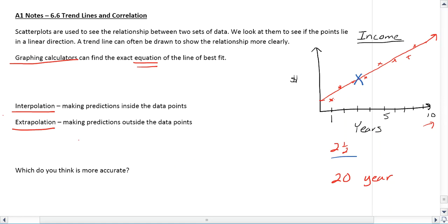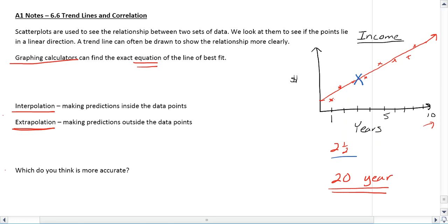But that prediction outside the data points is a little more risky because there's factors that could happen. You could get a promotion and earn way more money, or the company could close down and you could be starting over at a different job. There's just a lot of variable factors that go into things when you're extrapolating.